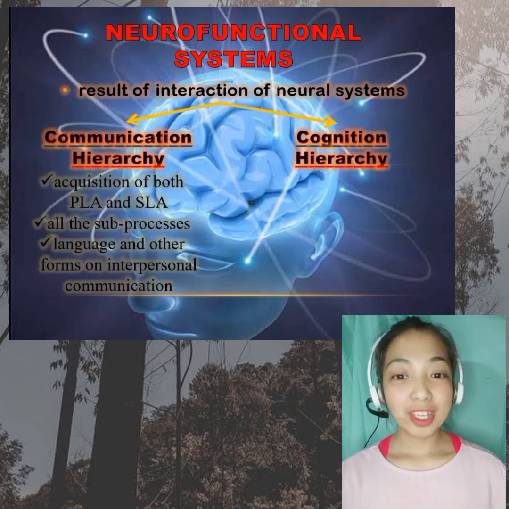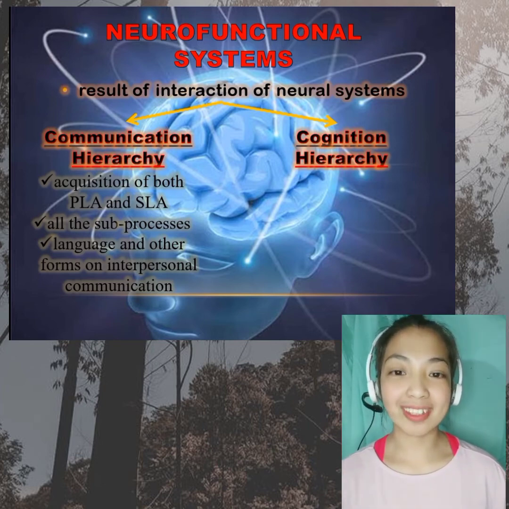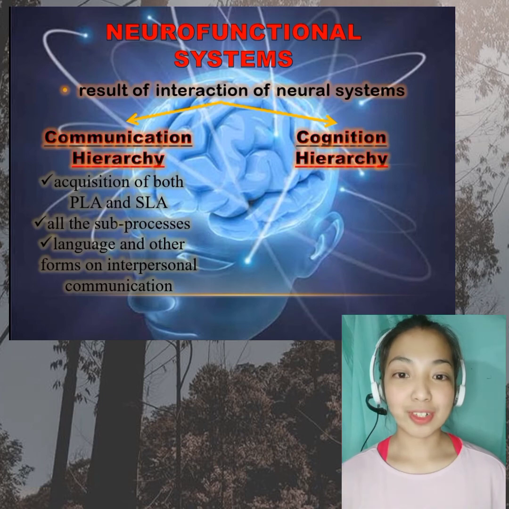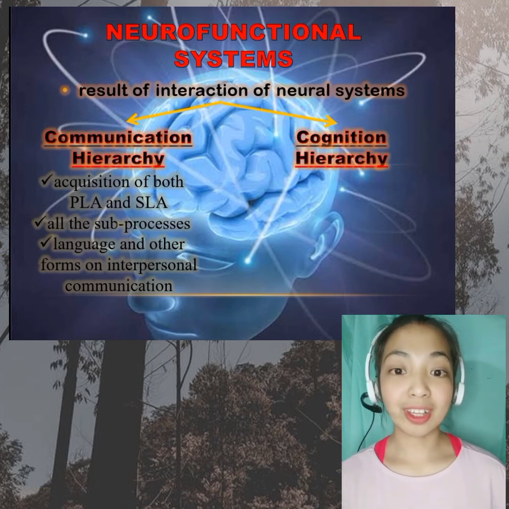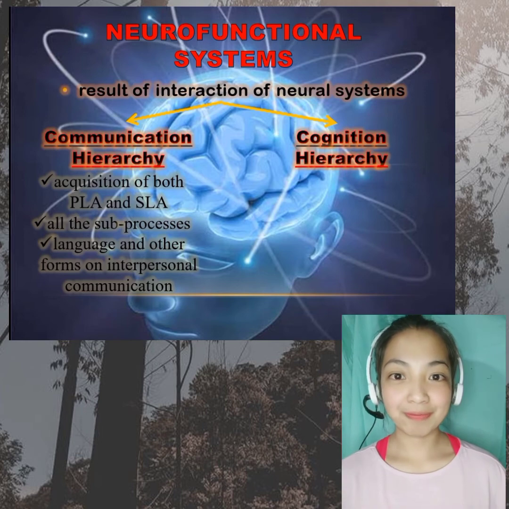The communication hierarchy is involved in both primary language acquisition and secondary language acquisition. It consists of all the sub-processes taking place during interpersonal communication to monitor language use. This hierarchy is also responsible for language and other forms of interpersonal communication.